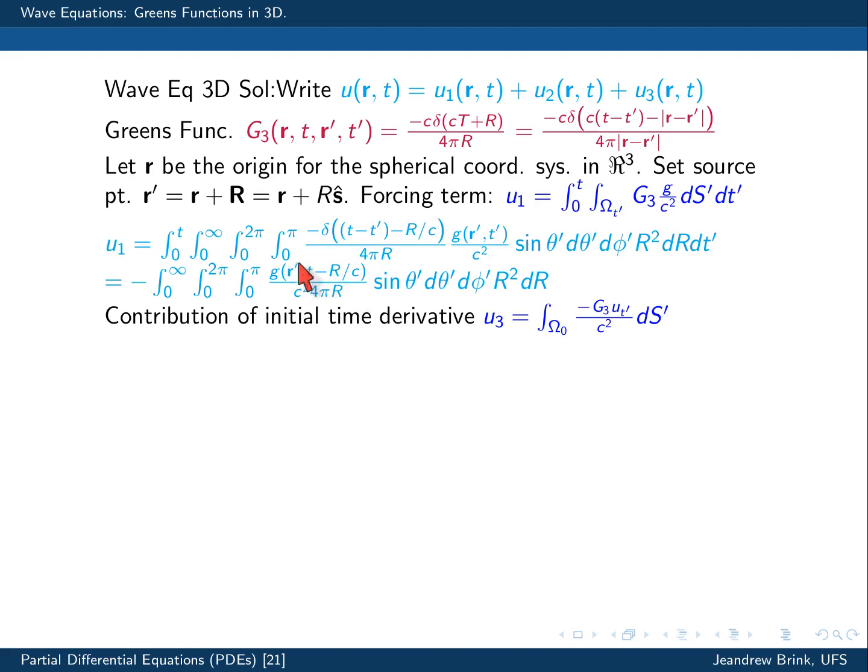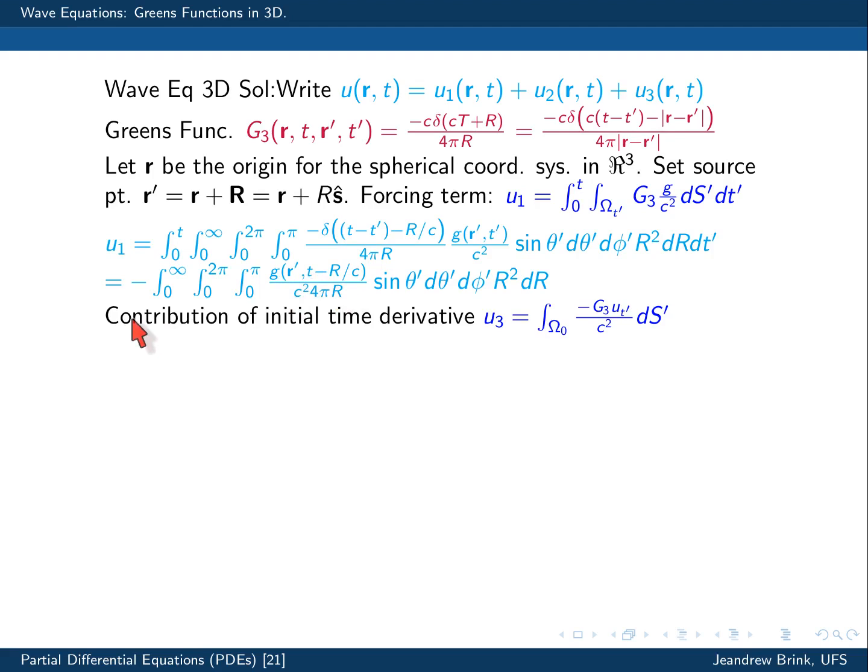So you can think of it as a sphere of influence, and you combine the waves or the forcing terms from various spheres of influence further back in time as you go further and further away from the source at which you want to evaluate it.